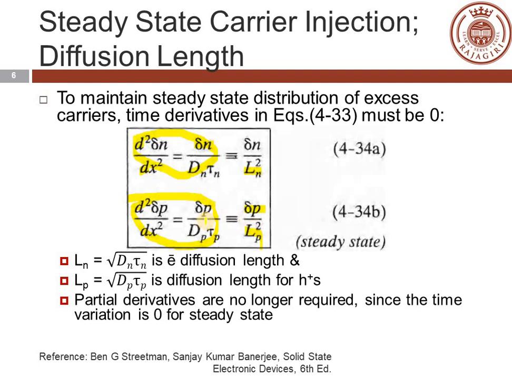Once we rearrange it, we can write it as d square delta P by dx square, that is the second order term. We don't have any first order term, so we can write plus 0 into d by dx of delta P, then the constant part, which is minus delta P by Lp square equal to 0.